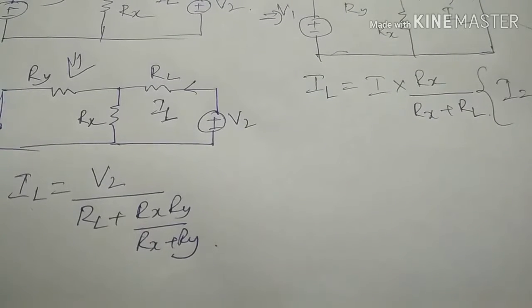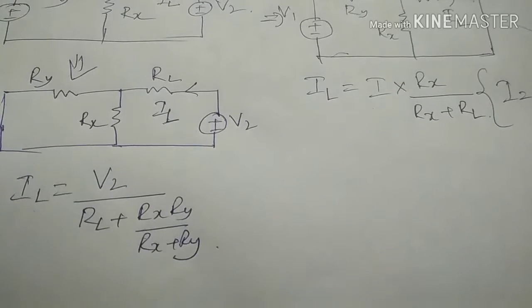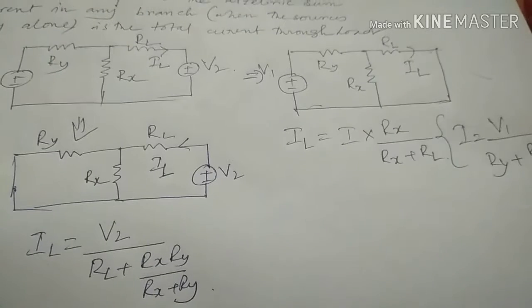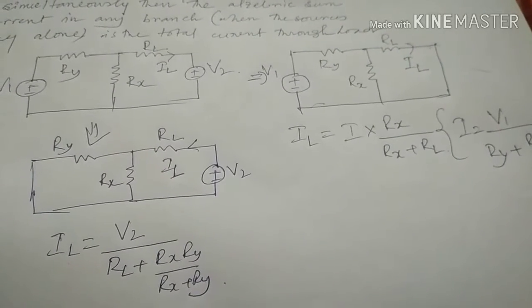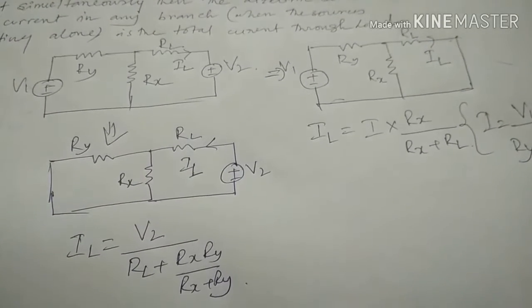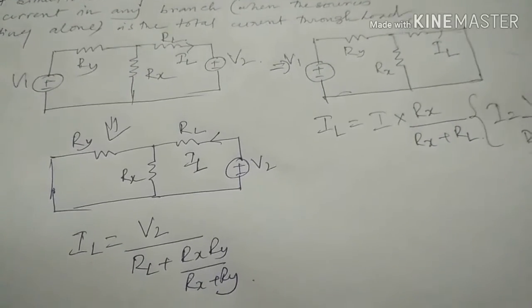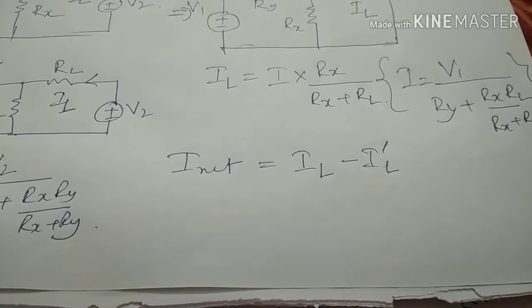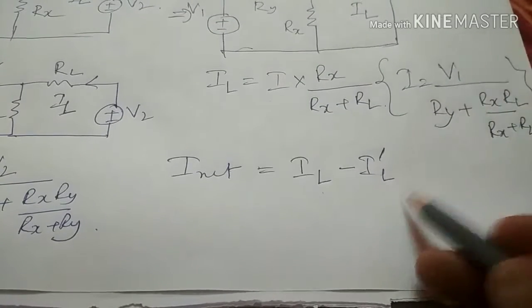Then we need to calculate the total algebraic sum of current through the RL load. We see that the direction of the current through RL is opposite when V2 is inactive and V1 is active. So the net current is IL minus IL dashed.